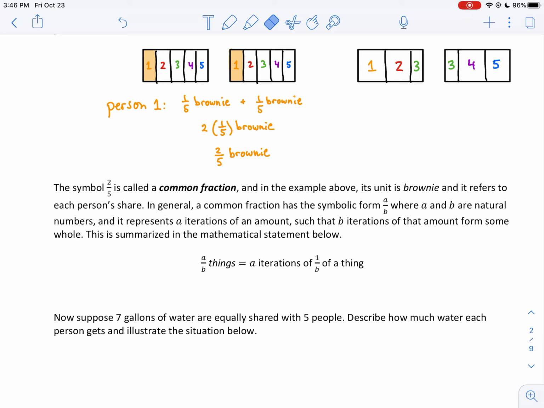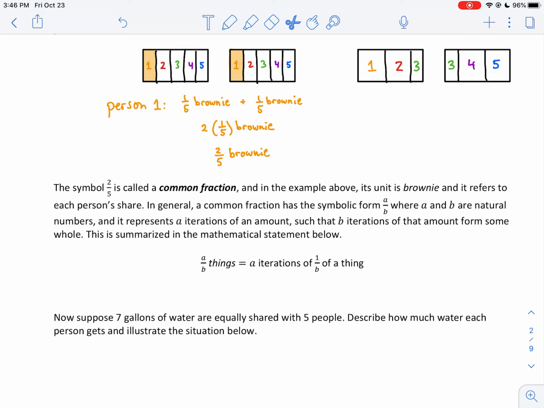And when you see a over b, a bths is the best way to say that instead of saying a over b. I like to say a bths. So a bths represents a iterations of an amount such that b iterations of that amount would form some whole.